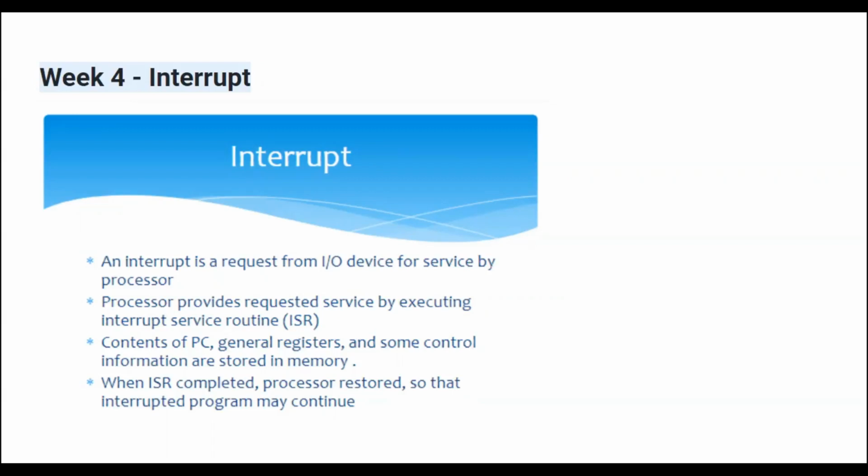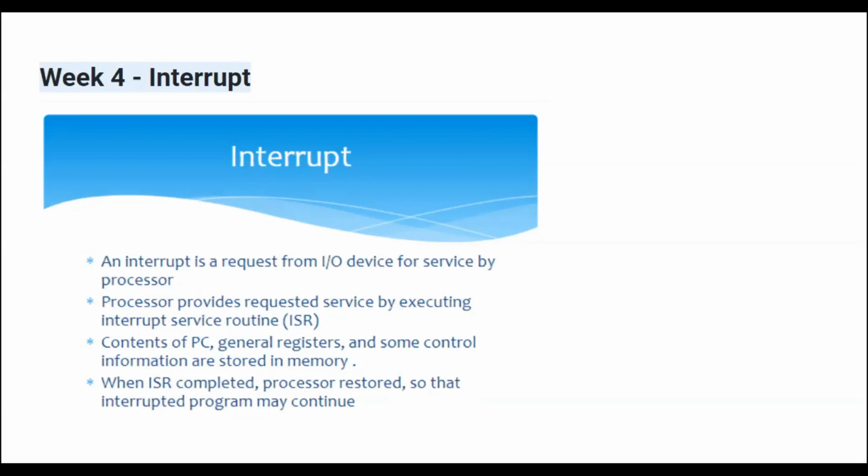The contents of the program counter, general registers, and some control information are stored in memory. When the interrupt service routine is completed, the processor state is restored so that the interrupted program may continue.